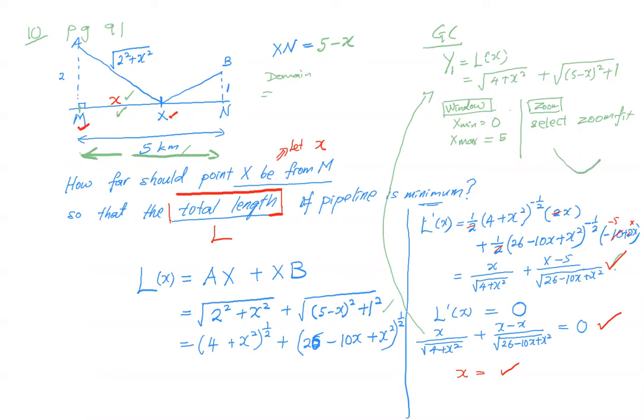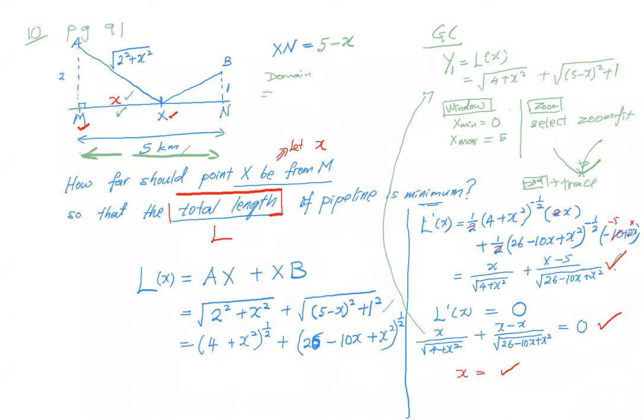Then you look for this minimum point using what? Second trace. You should know what to do. Then you tell me what is the answer. Someone show me your calculator. After you do second trace, select minimum, left bound, right bound. Then you show me.